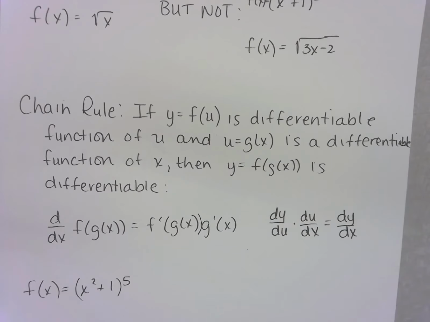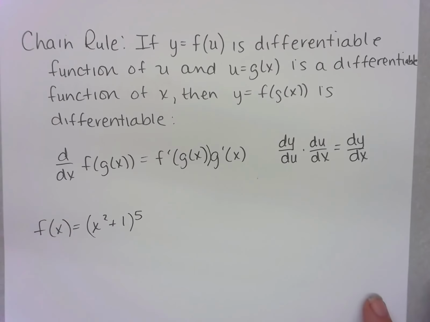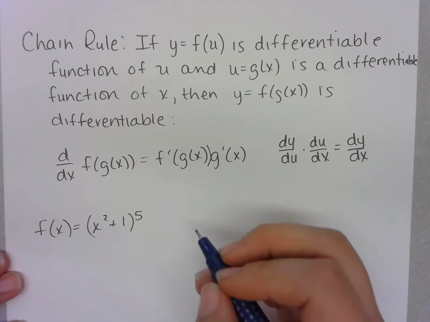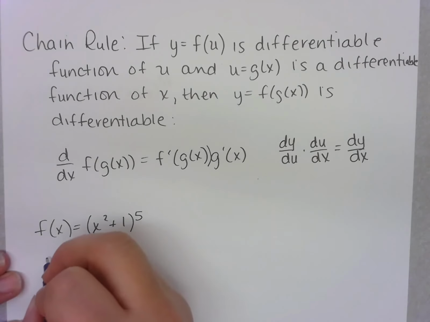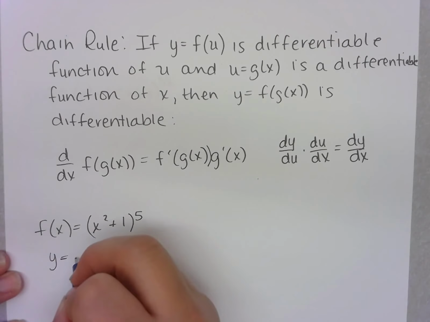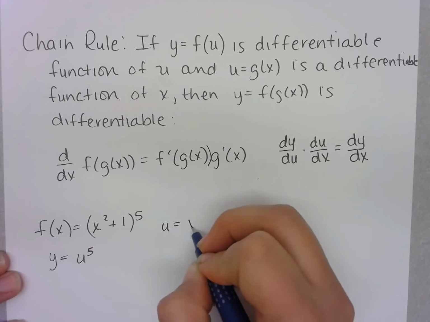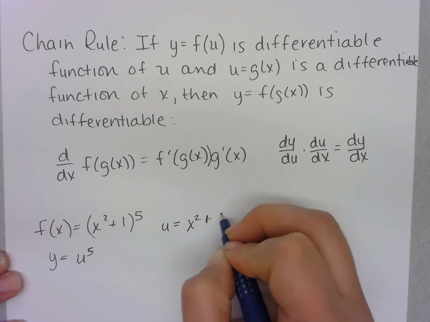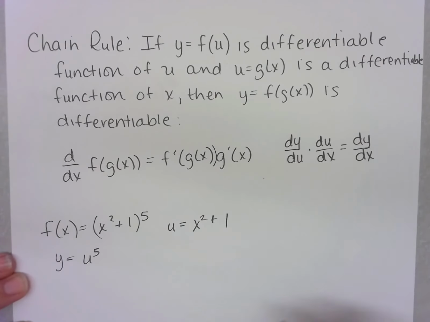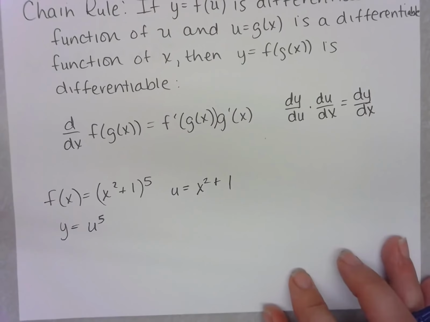Now I'm going to break this apart a couple of times. It's better if you can get used to not doing this every time, but this is a good first way. So I'm going to call this y equals u to the 5th, and I'm going to define u as x squared plus 1, okay? I'm going to use Leibniz notation in this case.